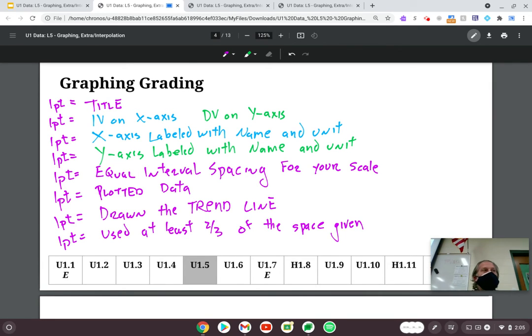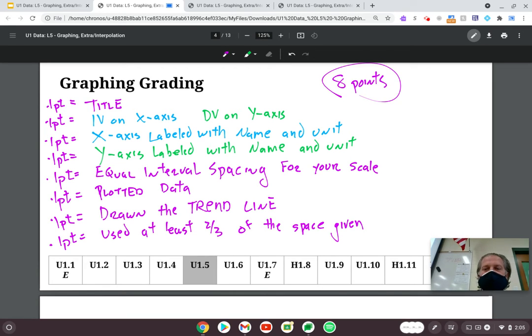Okay, so those are the ways that you are going to be assessed when you create a graph, right? So when you add that up, it's like 1, 2, 3, 4, 5, 6, 7, 8. Graphs are big. They're like 8 pointers. So they're kind of a big deal. So every time you do a graph, you have to make sure you do all those things.